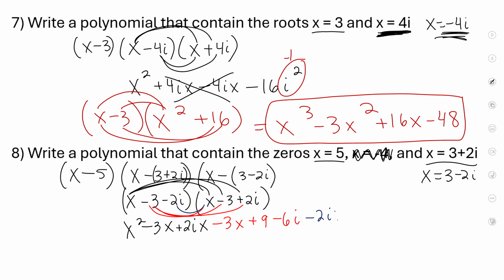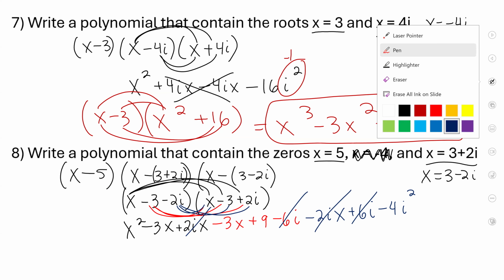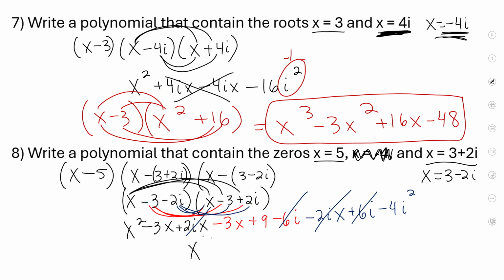Minus 2ix plus 6i minus 4i squared. These cancel. These cancel. So I am left with x squared minus 6x. That's these two together. And then 9, this will become a -1. So this will become 13 because 9 plus 4 is 13.